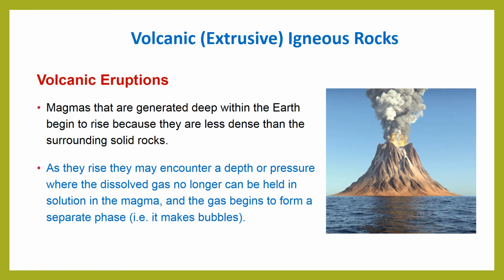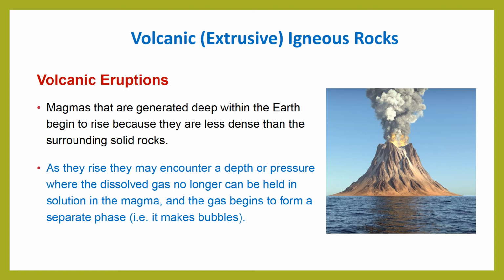Okay, now we come to the volcanic extrusive igneous rocks. We were talking about intrusive, including plutonic rocks. Now we will talk about rocks on the surface of the earth, which we call extrusive volcanic rocks. Magma is generated deep within the earth and begins to rise because it is less dense than the surrounding solid rocks, because it is liquid.